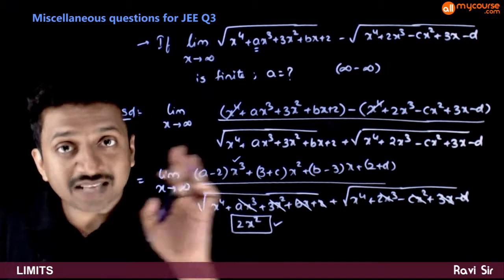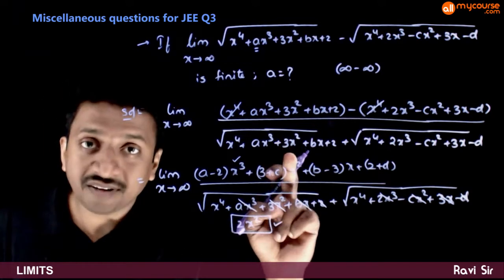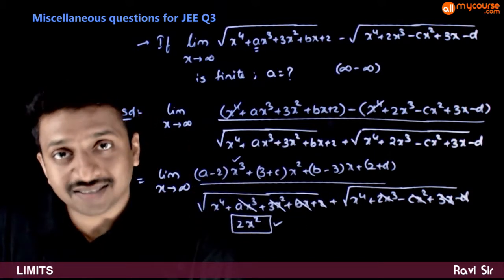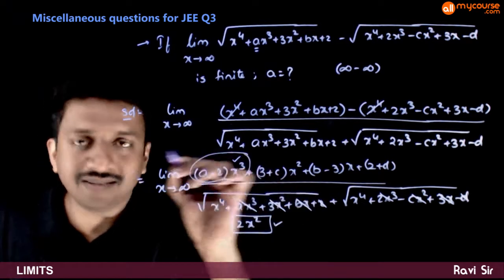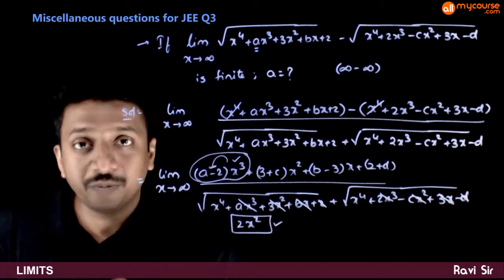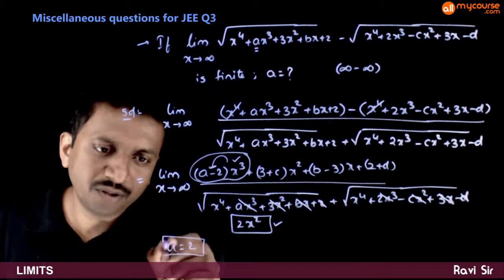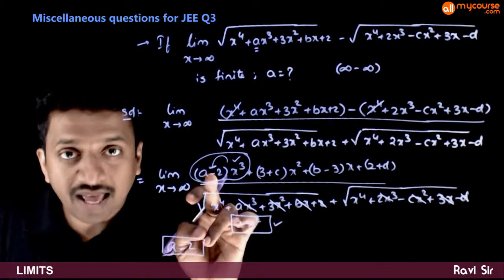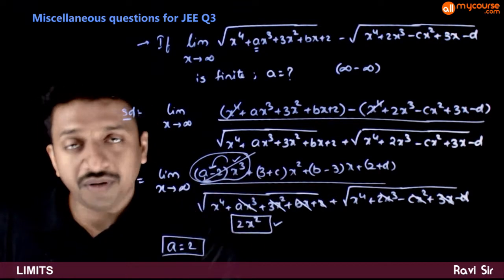If the limit has to be finite, in the numerator also you have to have the highest power of x as 2. That means this x cube power should not exist, so the coefficient of x cube has to be equal to 0. So a has to be equal to 2, and if a is equal to 2, this whole term disappears.